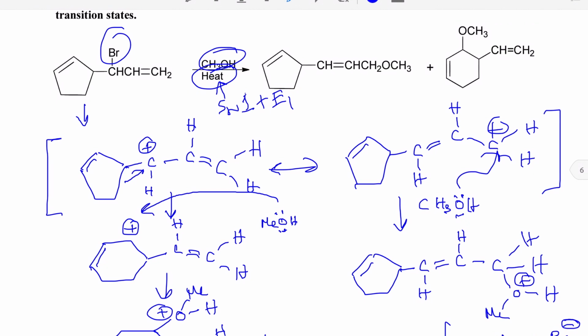Now, this carbocation can react as it is, or we can take advantage of the fact that there's a double bond nearby, because this is actually now an allylic cation.